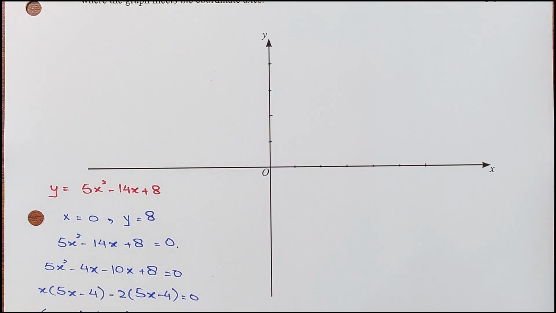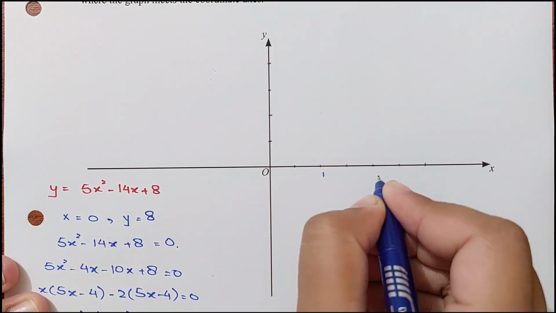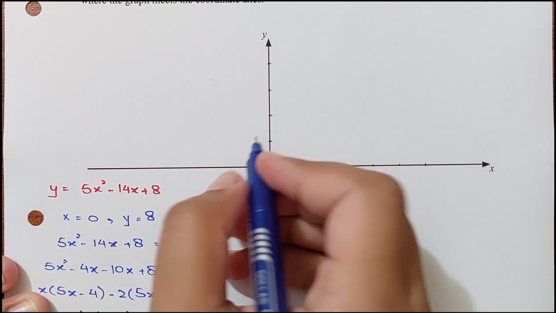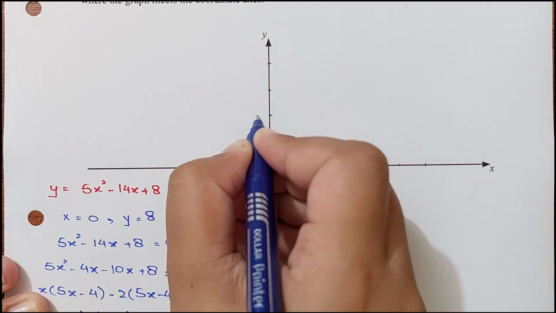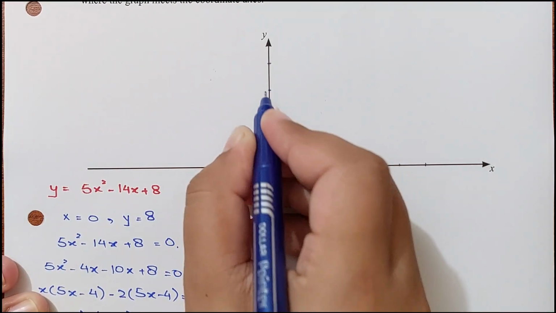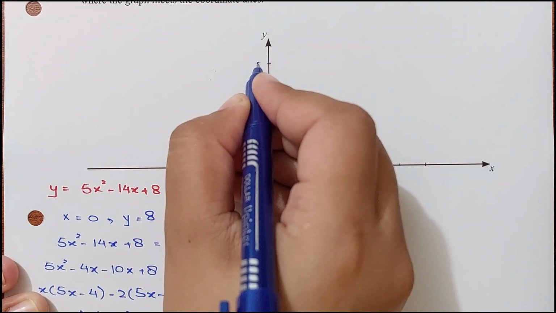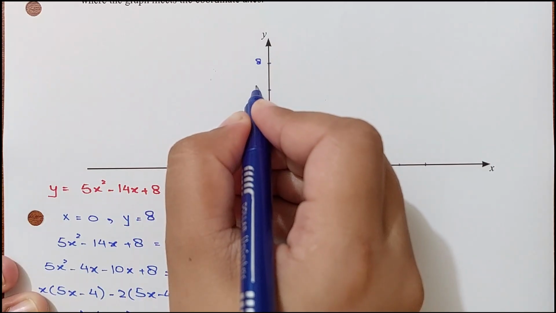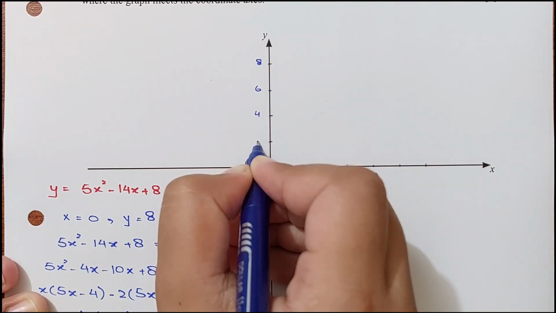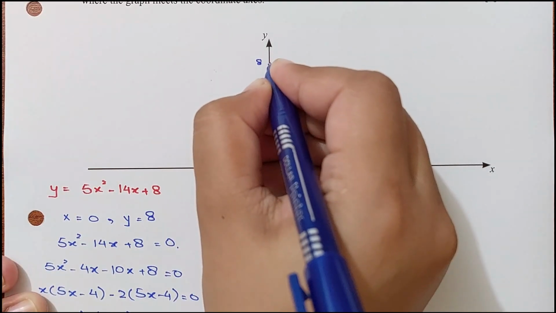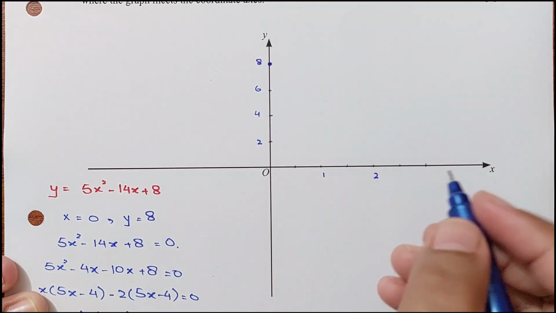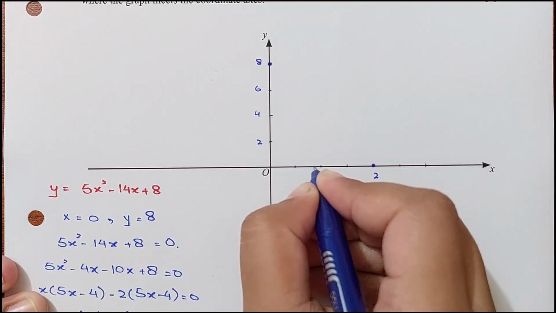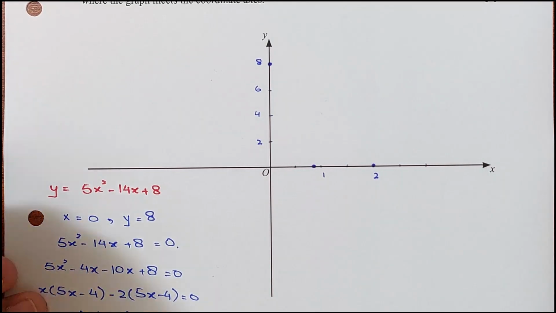If I say this point is 2, 4, 6, 8, this is 8. The y-intercept is 8. The x-intercepts are 2 and 0.8. And this is an absolute function as well.